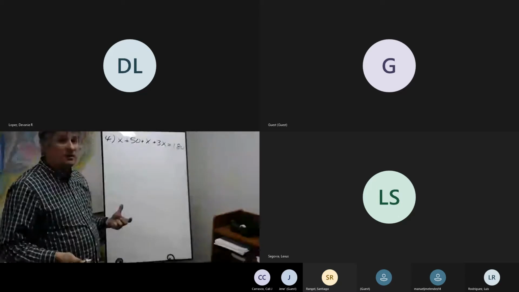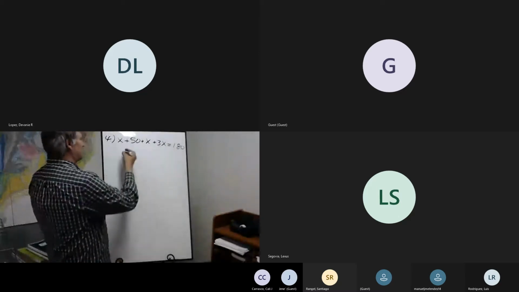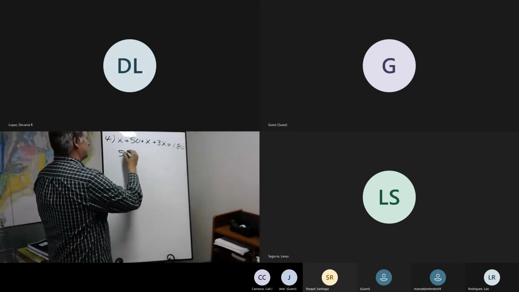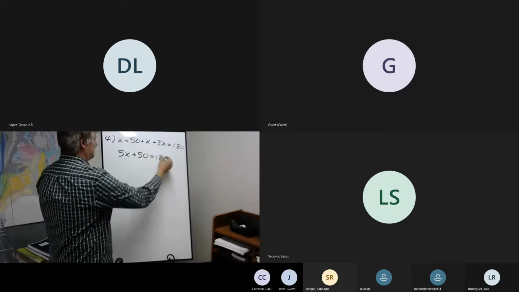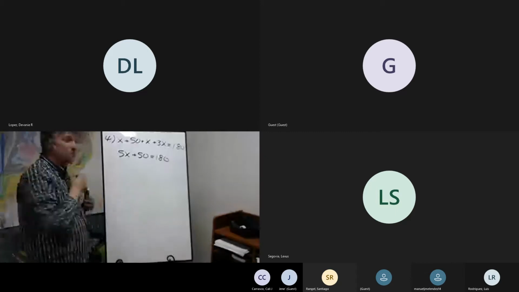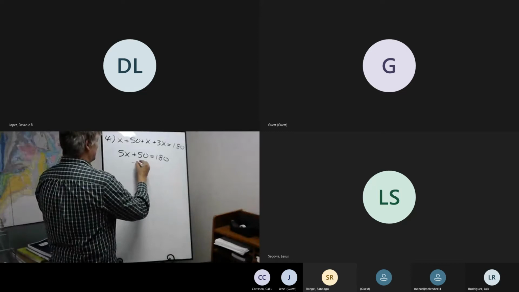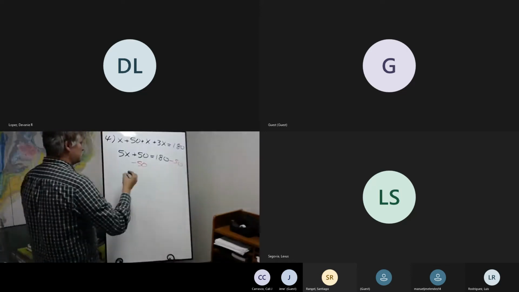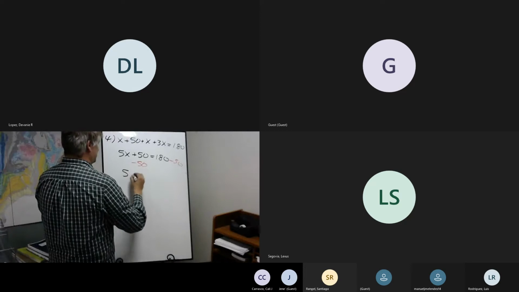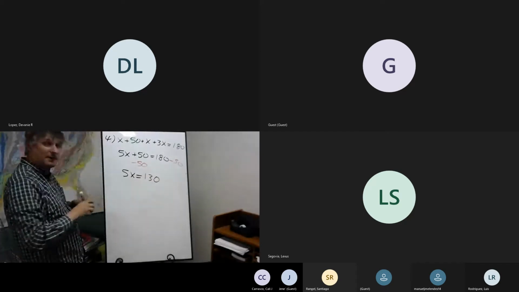We can combine all the x terms, an x and 3 more x's, 5x. Subtract 50 from both sides. Divide by 5.